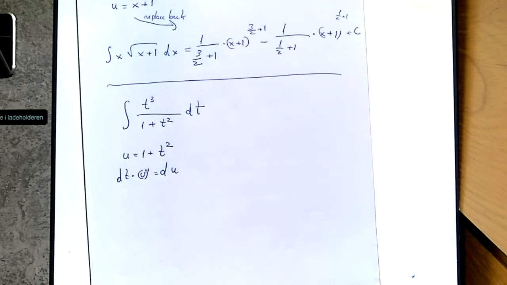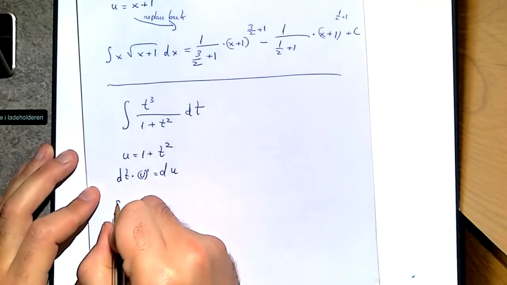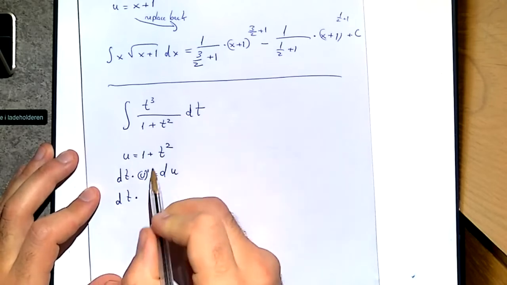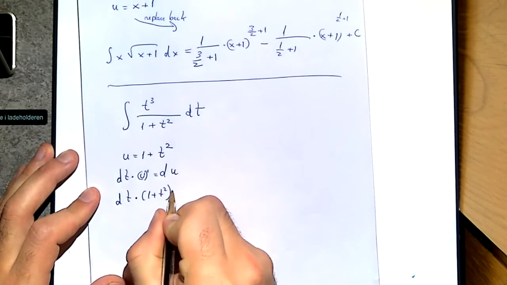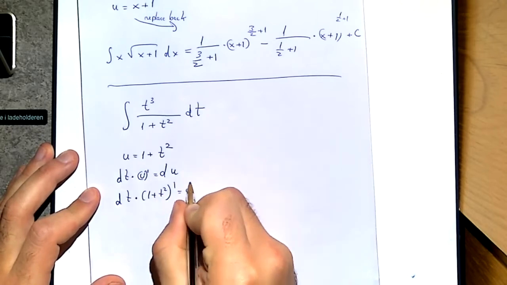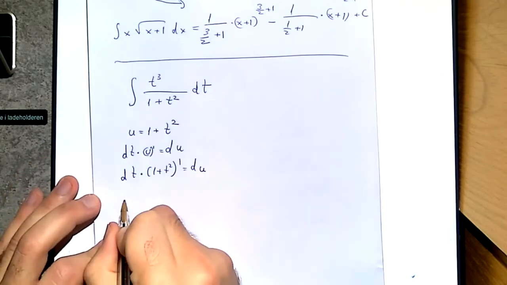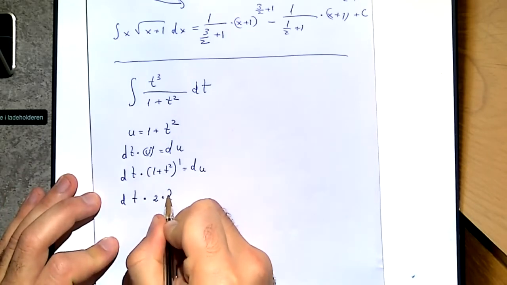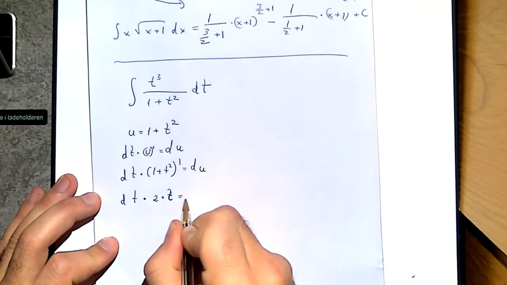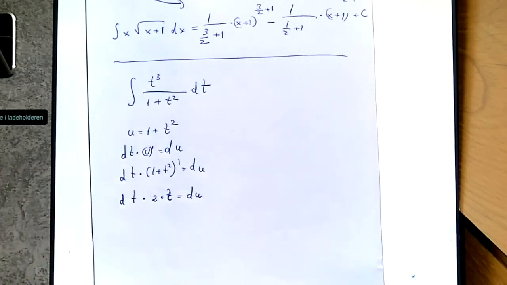I'm following them right now. So it's dt multiplied by the derivative of 1 plus t squared, which is 2t. So this is equal to dt multiplied by 2t is equal to du.